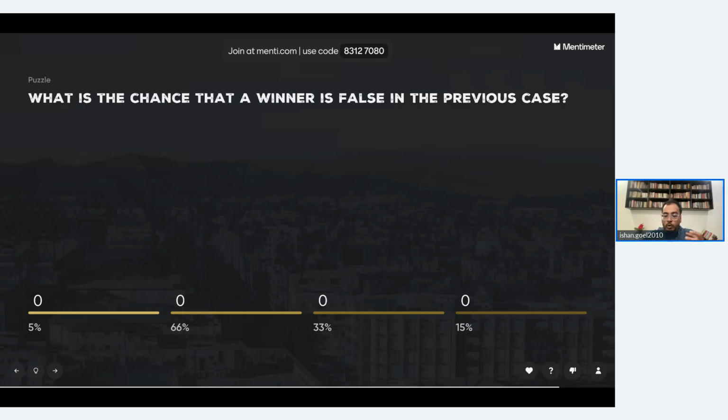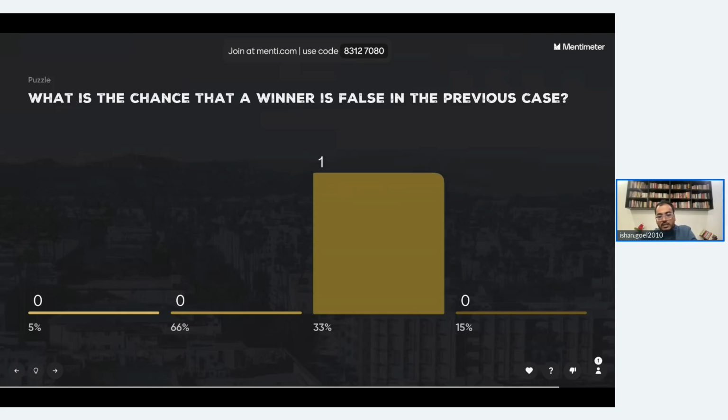Naturally, you won't know this in a real setup, but in the simulation setup, we know that. So if in those 15 winners, only 10 are true winners and 5 are false winners, very close. So yeah, the chance that a winner is false in the previous case, you are right, is 33%.